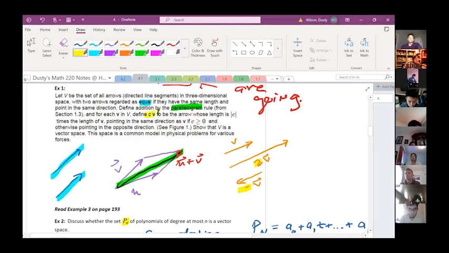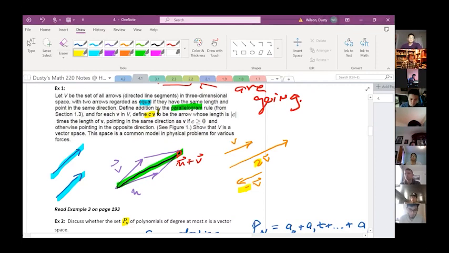And we want to show that V is a vector space, that is, it satisfies all those conditions.